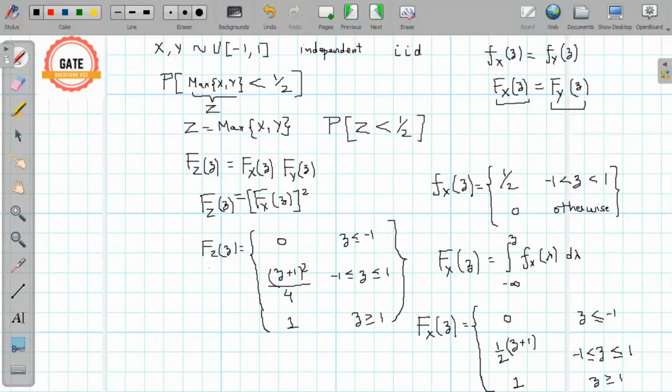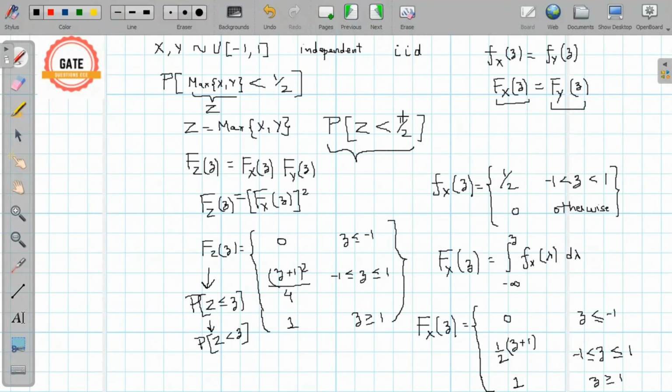By the definition of CDF, this is nothing but the probability that capital Z is less than or equal to small z. And also for a continuous random variable, the probability that capital Z is equal to small z is 0. So this is also equal to the probability that capital Z is less than small z for a continuous random variable. So you can observe here we need to calculate this probability.